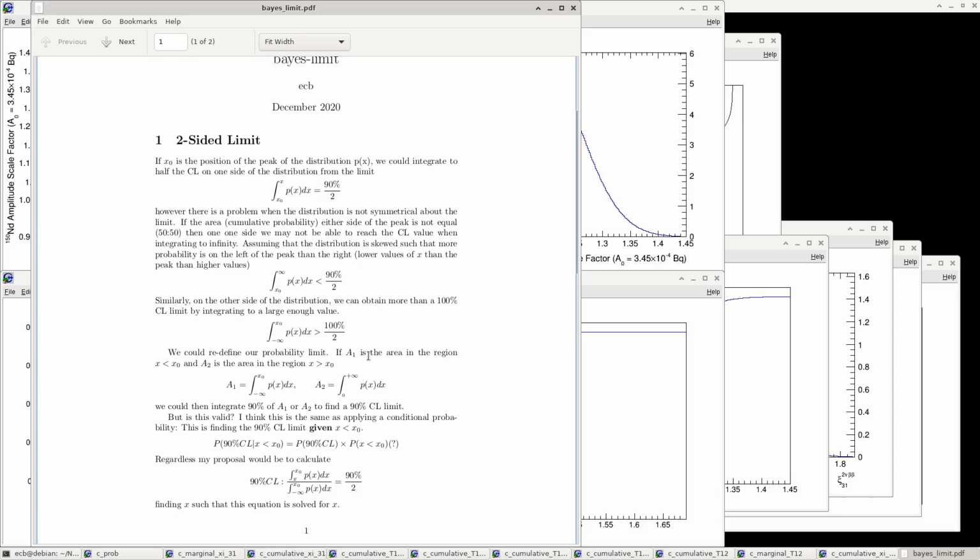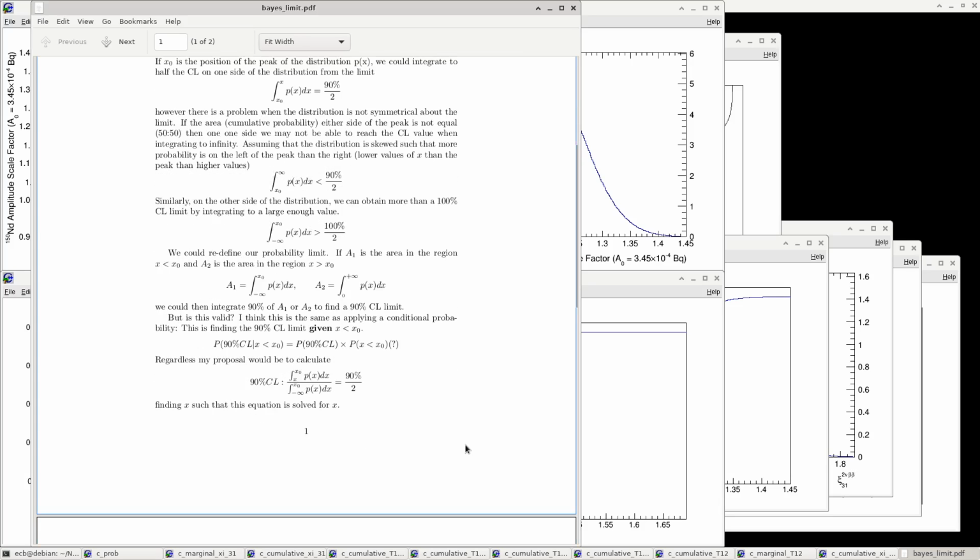We could redefine our probability, so we could say that A1 is the area on one side, A2 is the area on the other side, and we could find 90% of A1 or A2 to find a 90% confidence level limit. I don't know if this is valid though, and that's the question I want to pose to the analysis group. So this is a bit like finding a 90% limit given a condition.